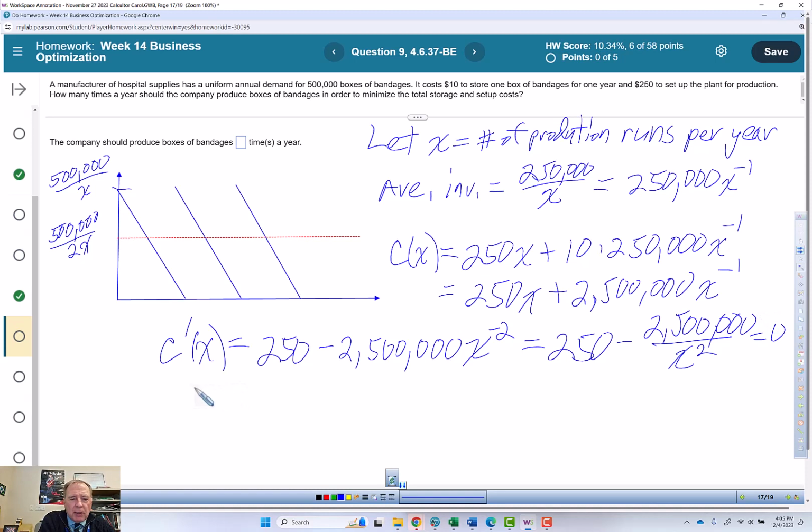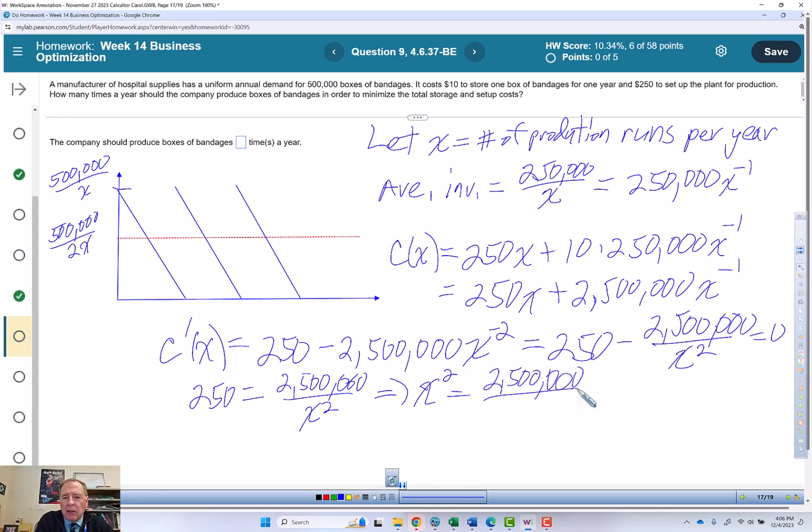So that gets me 250 equals 2,500,000 over x squared. I'm going to move x squared over here. 250 comes to the denominator, so x squared equals 2.5 million divided by 250.